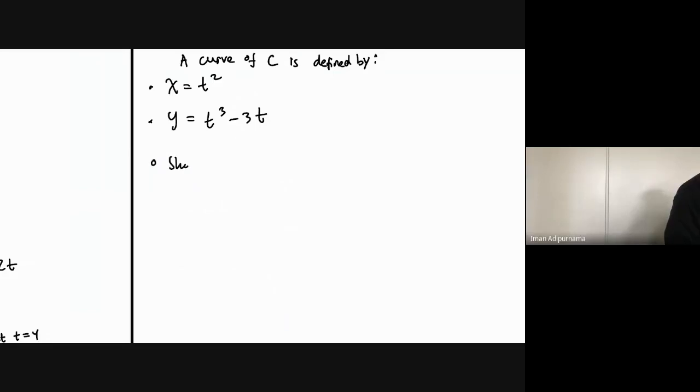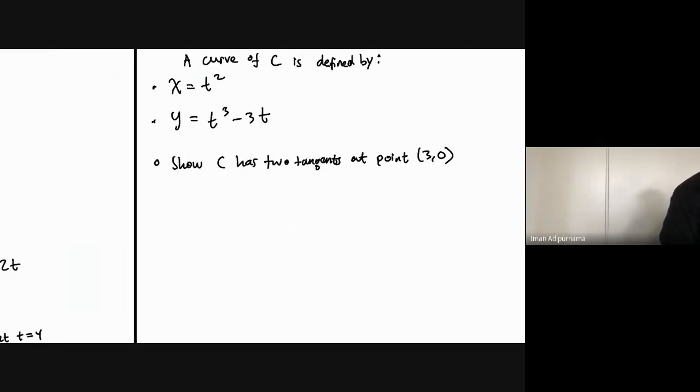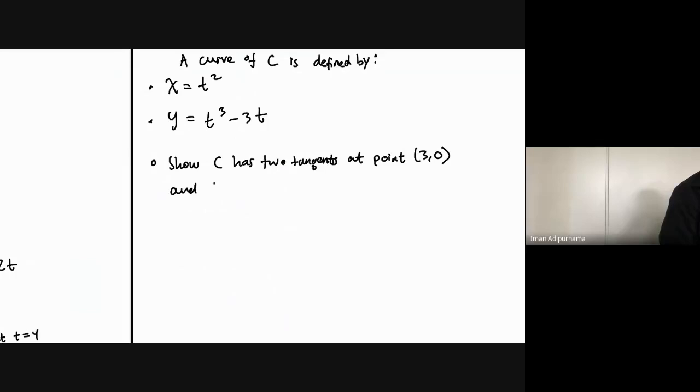Number one is show C has two tangents at point (3, 0), and find the equation.